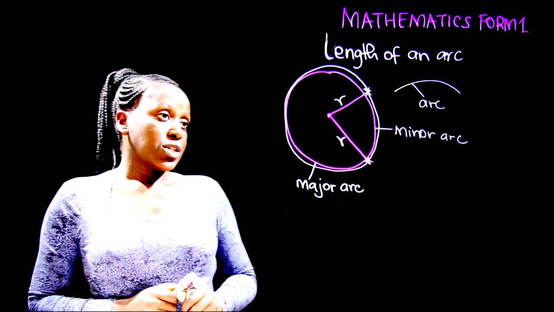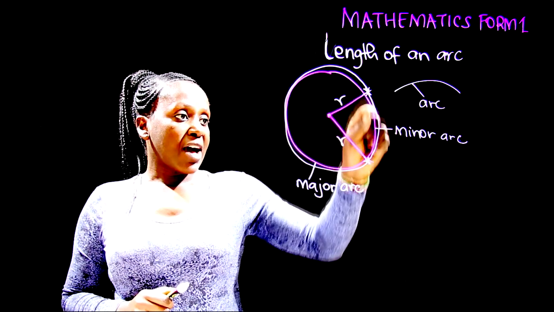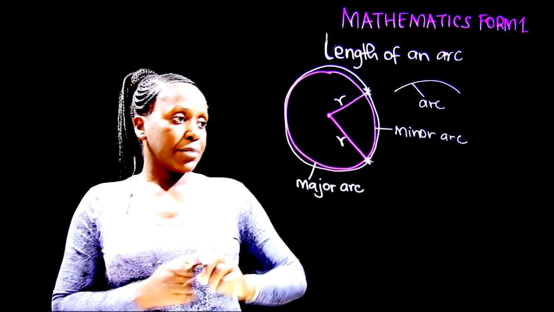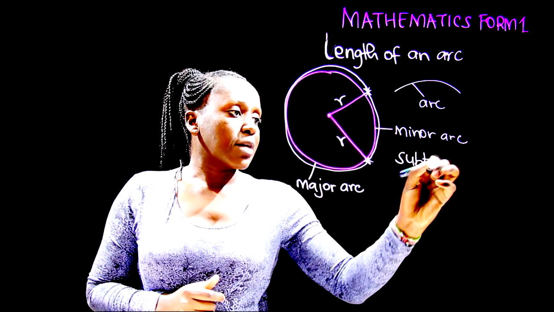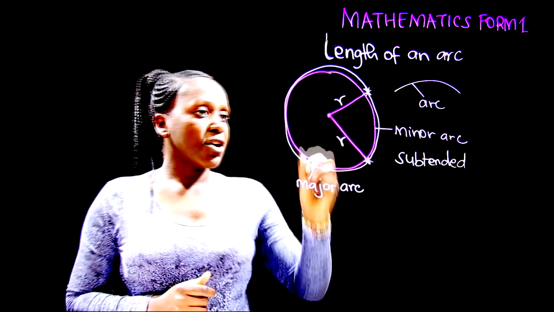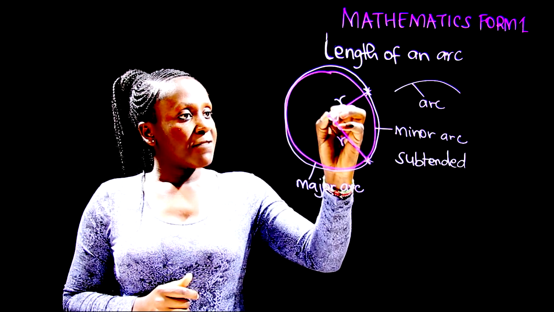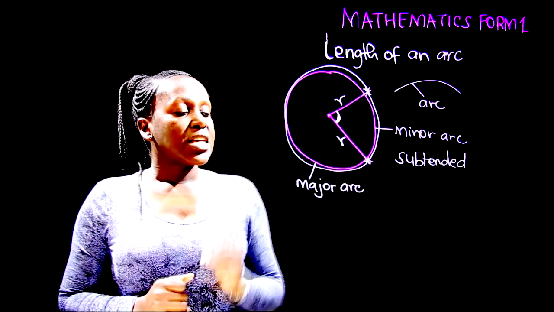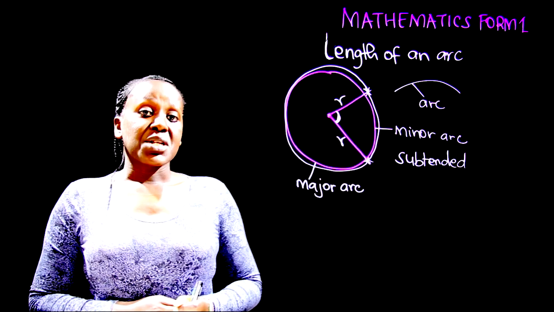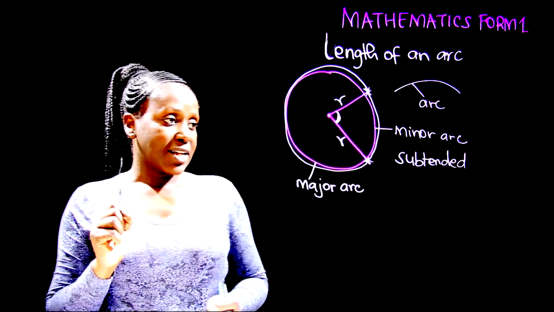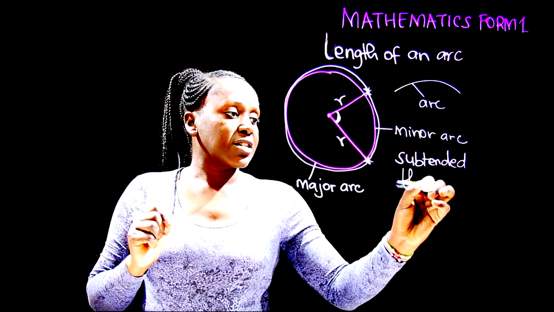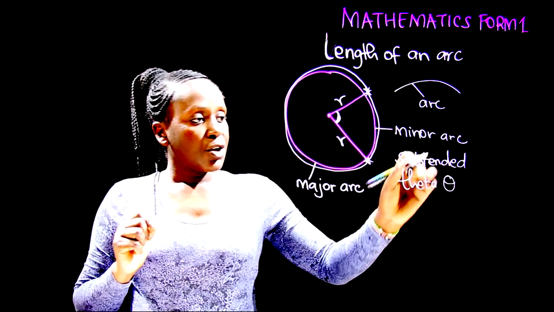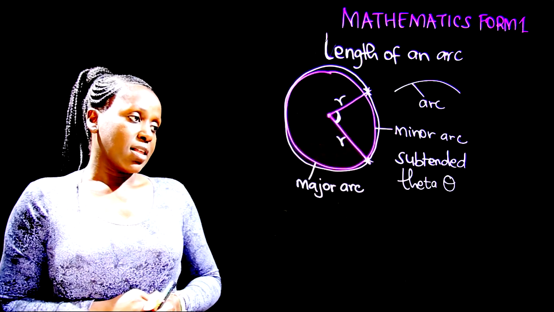Now you'll also notice that this arc is subtended, okay? This arc is subtended by an angle. So here we have an angle, and this angle is represented by a Greek letter called theta, and it is drawn like a zero with a stroke in the middle.